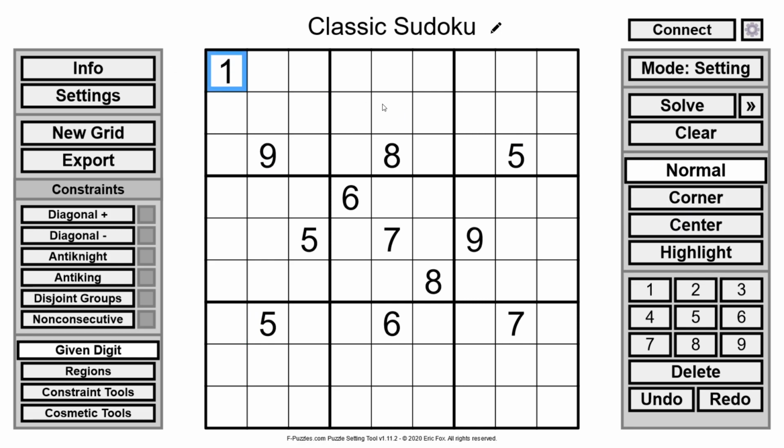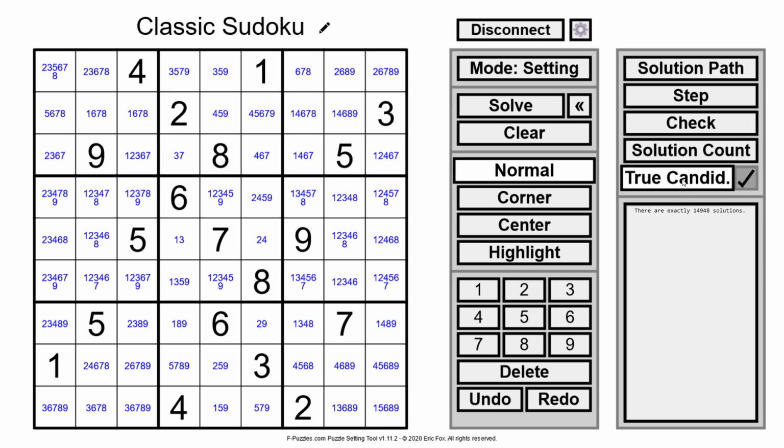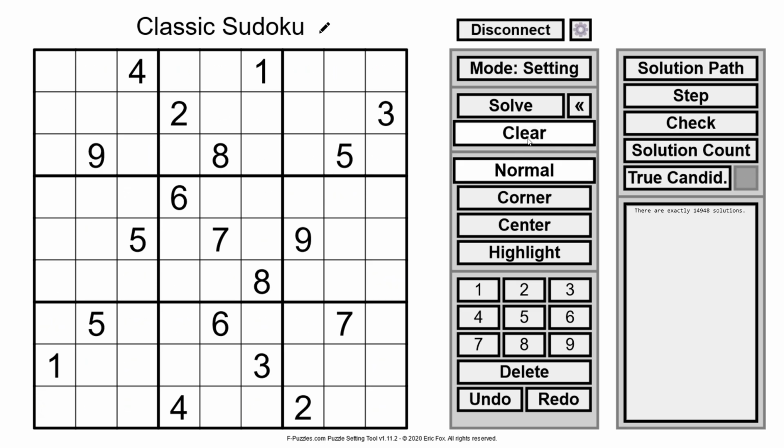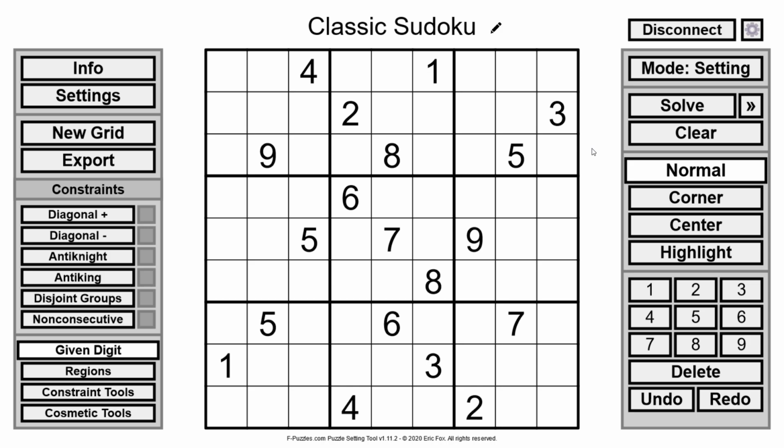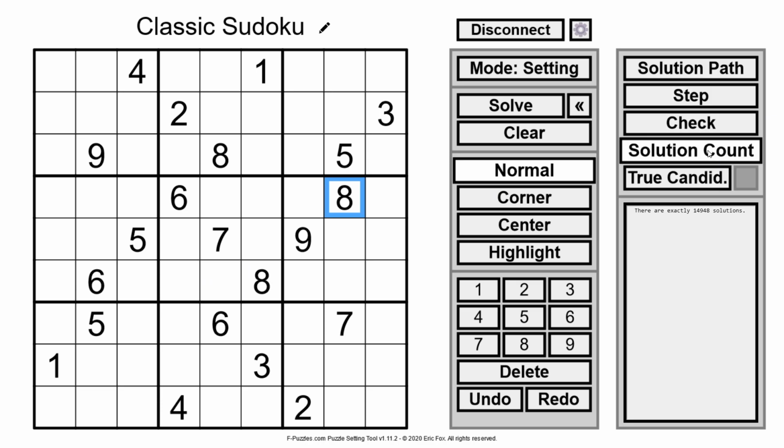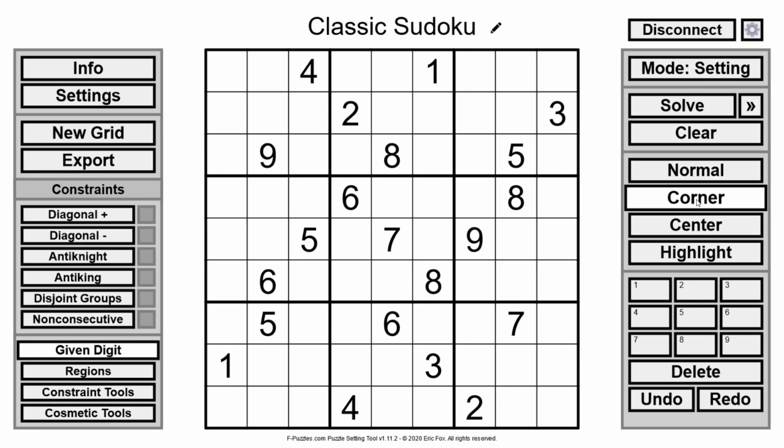And I'll go ahead and do 1, 4, and 3. And let me check if this has solutions. It does, which is good. Let me check true candidates. Aha! Yes, so I haven't actually fulfilled the conditions for exocet yet, but I shall get into that. If I place a 6 here and an 8 here, do we still have solutions? We do, okay.